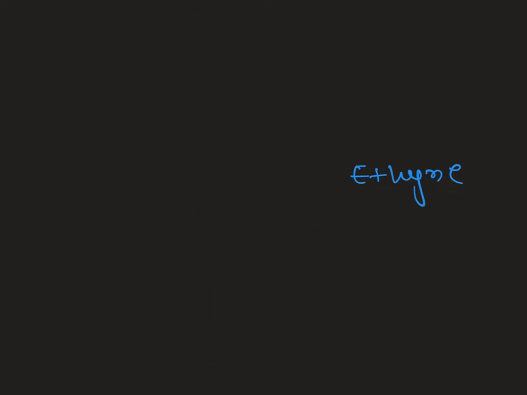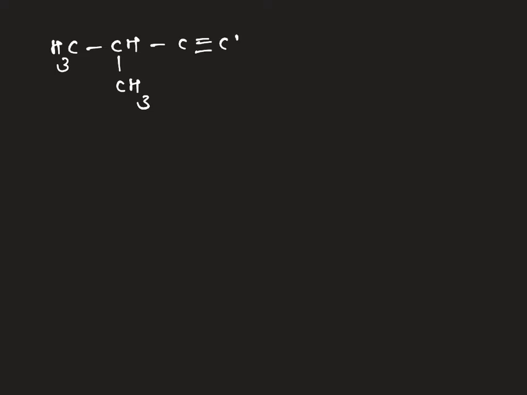Similarly, let's take one more example. So here 1, 2, 3, 4, where the substitution is there, at the third position we have a substitution. So always we have to start the name with the substitution as a prefix.